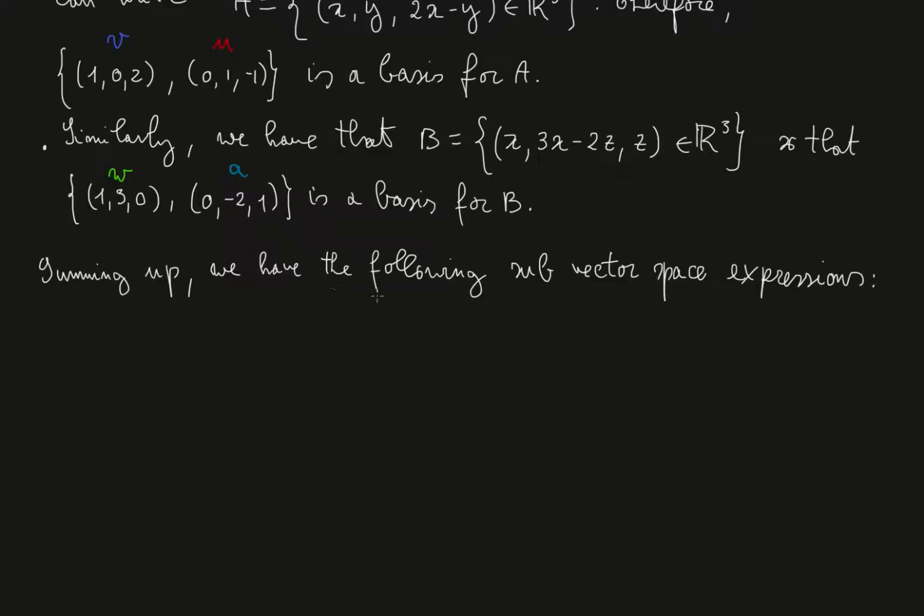Summing up, we have the following subvector space expressions that we considered so far, and these are essentially all of them. We have one that we will call expression in coordinates, and the second one, which we will call parametric.